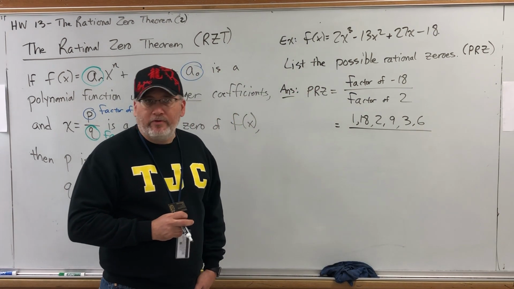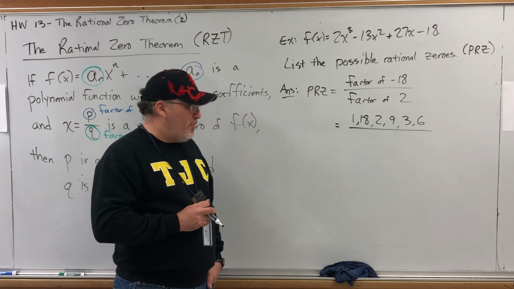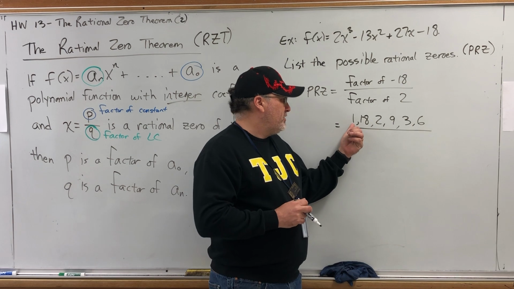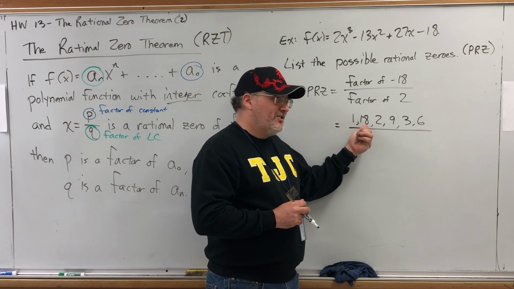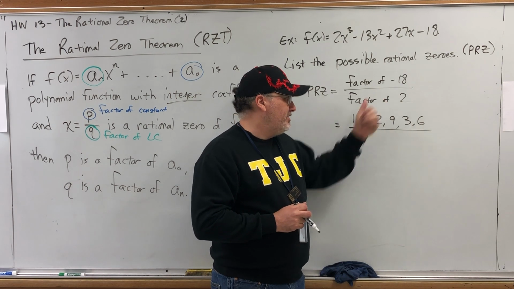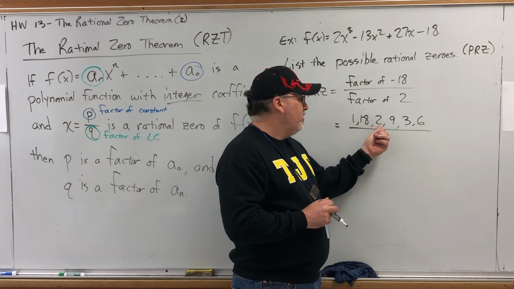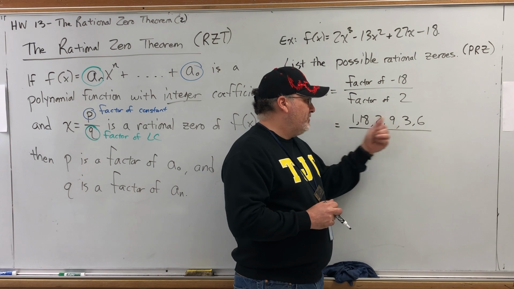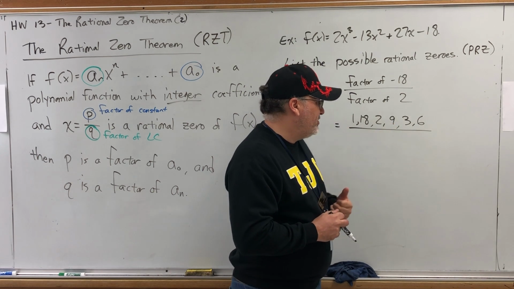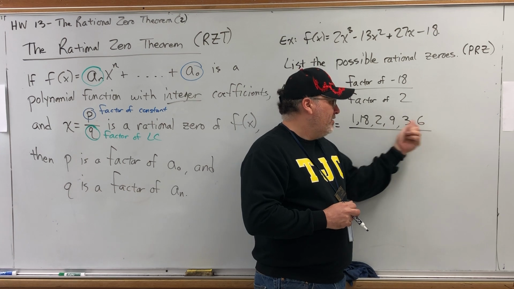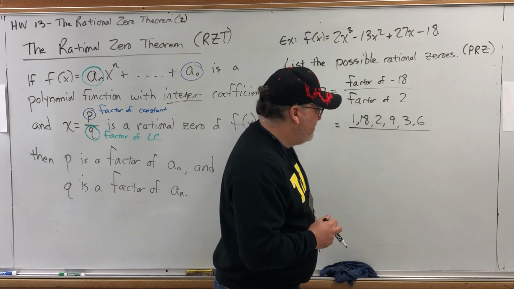You could put them in order if you wanted to, or you can put them in pairs like I did, or you can do both. Start with the smallest possible factor and its cofactor. 1 times 18 is 18. The next smallest possible factor, 2, and its cofactor 9. 2 times 9 is 18. The next smallest possible factor, in this case 3, and then 3 times 6 is 18.